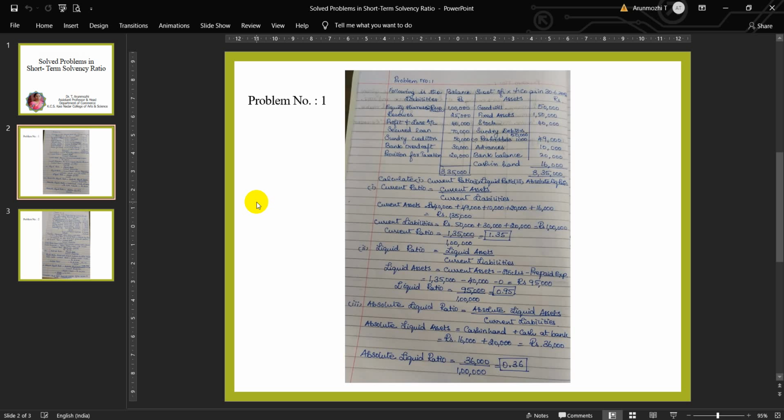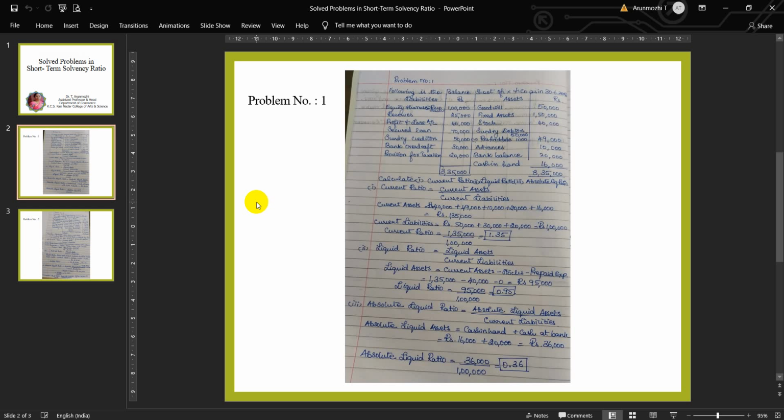Cash position ratio is calculated with the help of the following formula: cash position ratio is equal to cash and bank balances plus marketable securities divided by current liabilities. An ideal cash position ratio is 0.75:1. This ratio is a more rigorous measure of a firm's liquidity position.